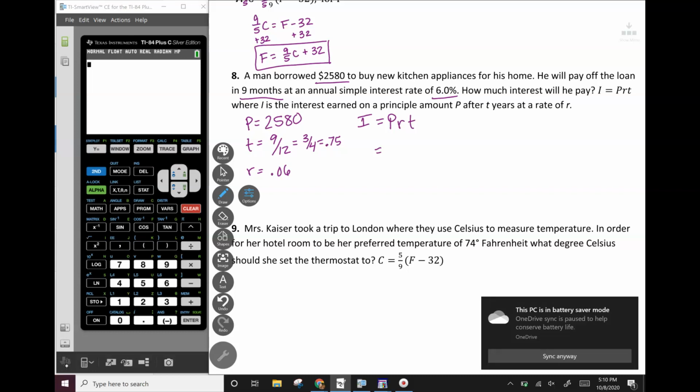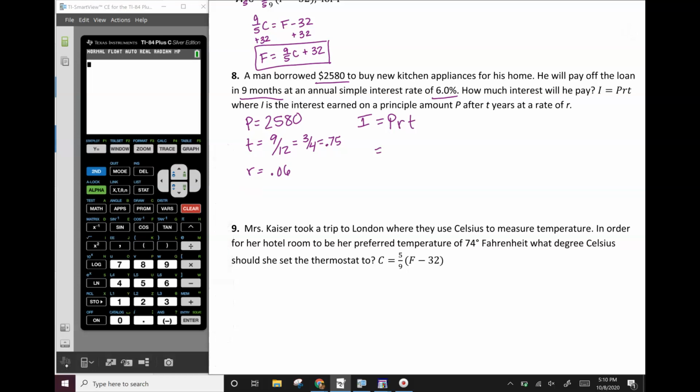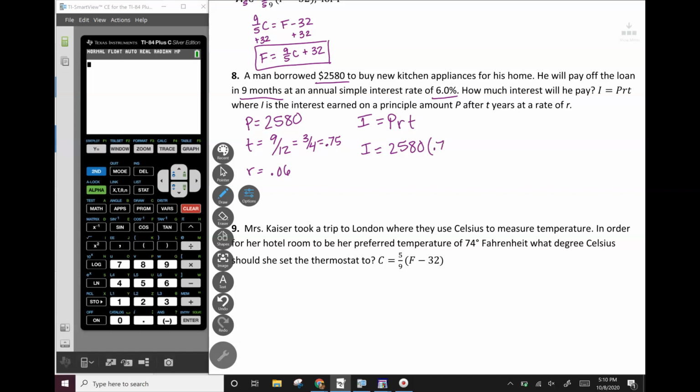So when you put that in the equation, you're not putting the percent, you're putting the rate, so move the decimal to the left 2 places. So our I is going to equal 2,580 times 0.06 times 0.75.